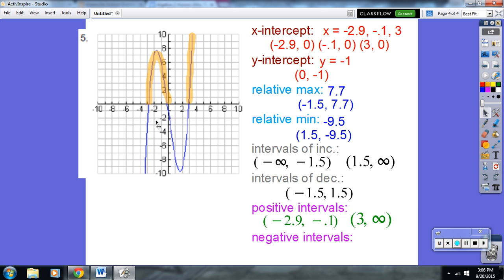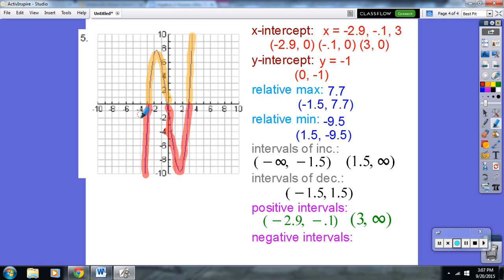Alright, the last thing is negative intervals, which are the parts of the graph below the x-axis. So this one piece here, and then from here to there. Those are the parts underneath the x-axis, my negative y values. The first piece is the leftmost piece. Remember, the leftmost section always starts with negative infinity when you're talking about intervals. It travels all the way to this x-intercept, which is negative 2.9.